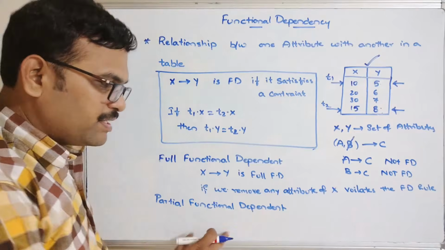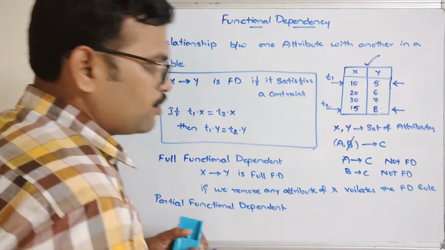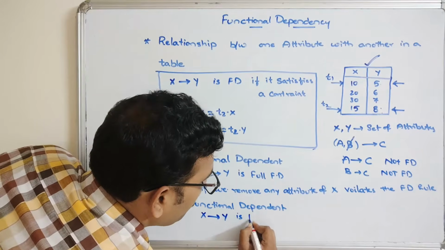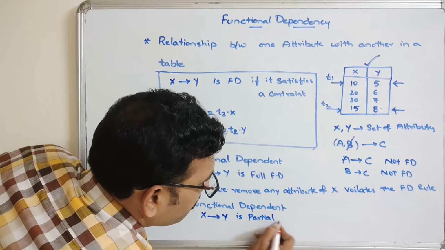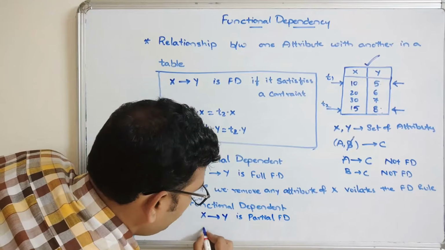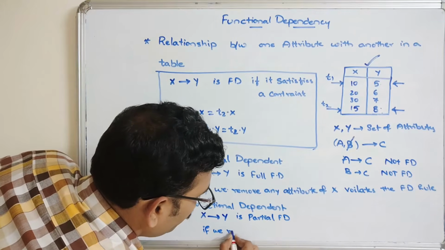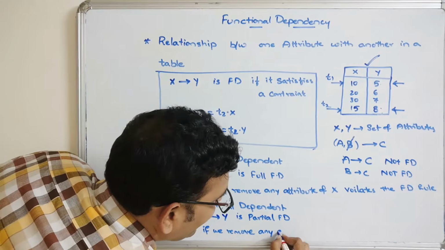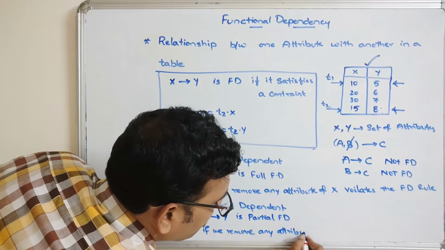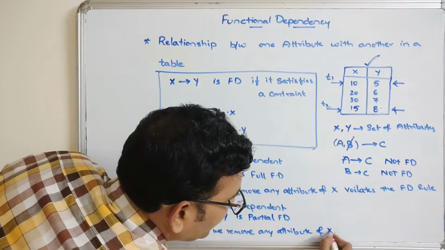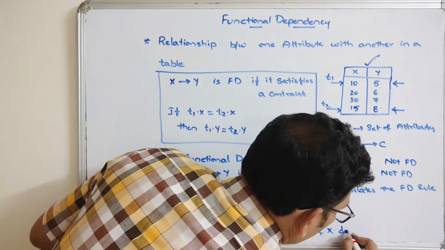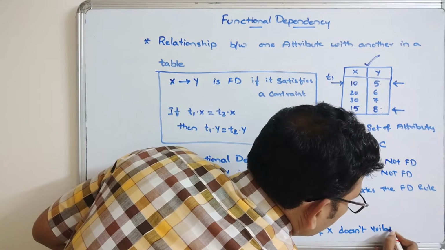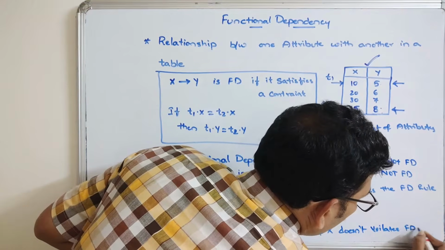And coming to the partial functional dependency, it is quite the opposite. X tends to y is partially functionally dependent if removing any attribute of x doesn't violate the FD rule.